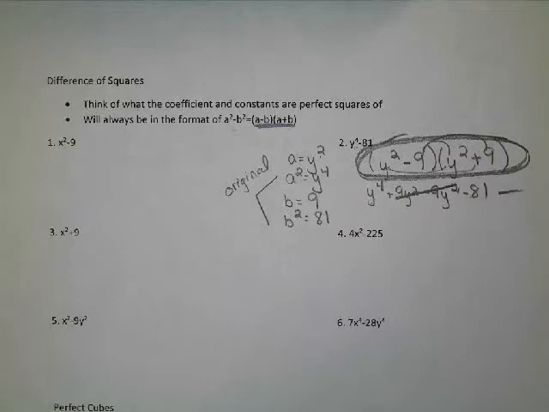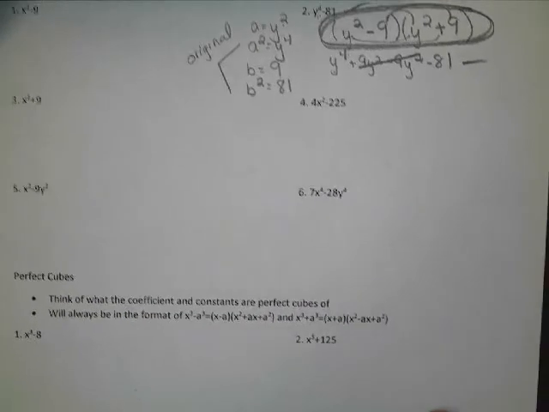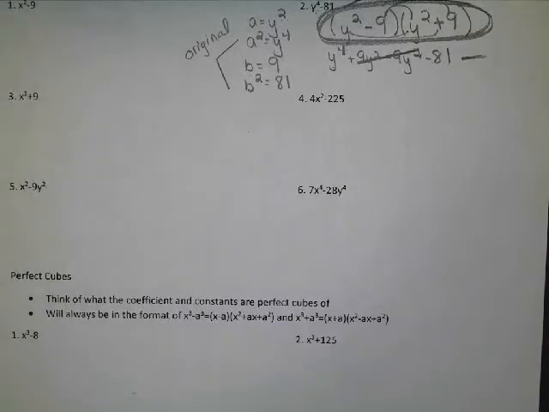Alright, we'll try one more, and then I want you guys to do the rest on your own. So we're going to try number 6 here, which is 7x to the 4th again, minus 28y to the 4th. So this one's a little harder because I have a couple things to the 4th, but like we talked about in number 2, I know that something to the 4th is just something squared, squared.